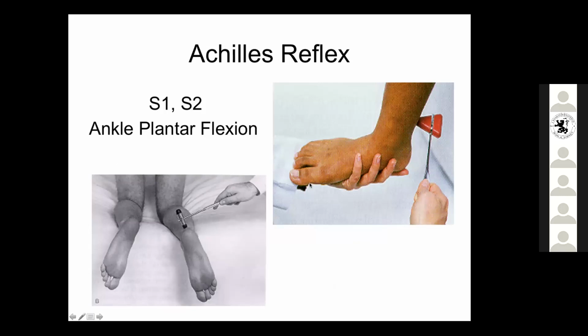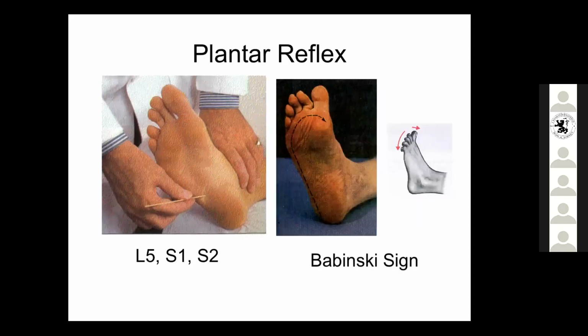You have to tap on the Achilles tendon, and the response should be ankle plantar flexion if this reflex is intact. A plantar reflex, so if you strike the sole of the foot gently, there should be plantar flexion of the foot.